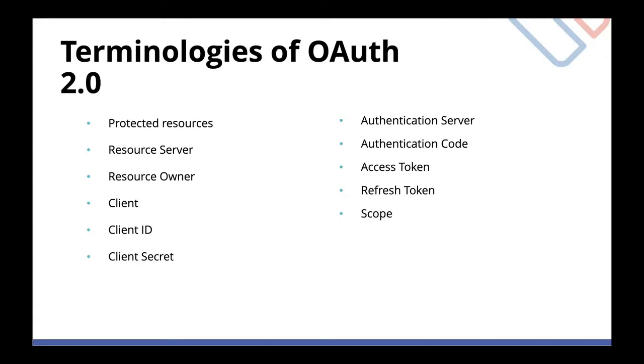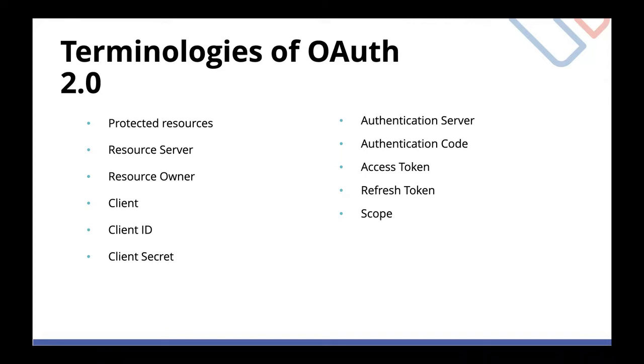For that, the system will generate a client ID and a client secret. This client ID and client secret will be used to generate an authentication code, and this authentication code is the one which defines the actions which can be done.